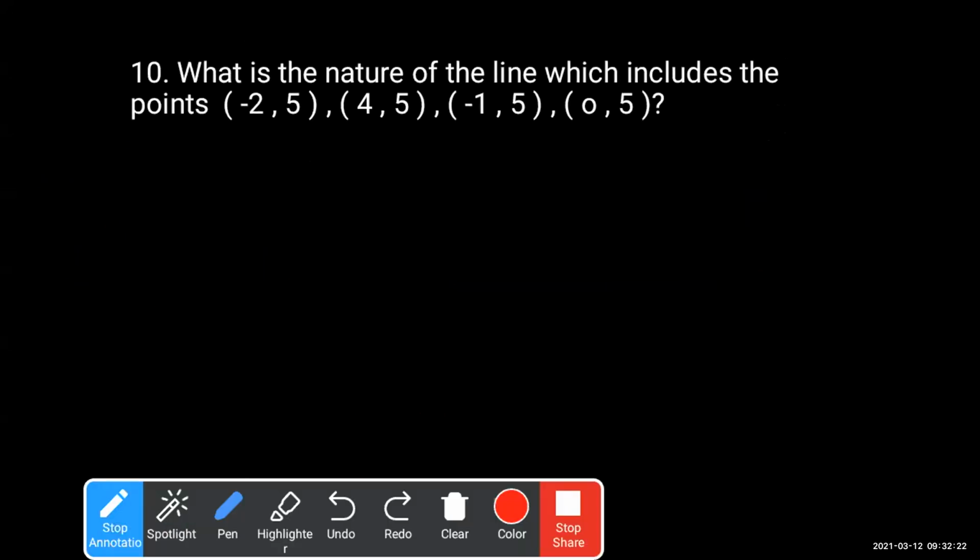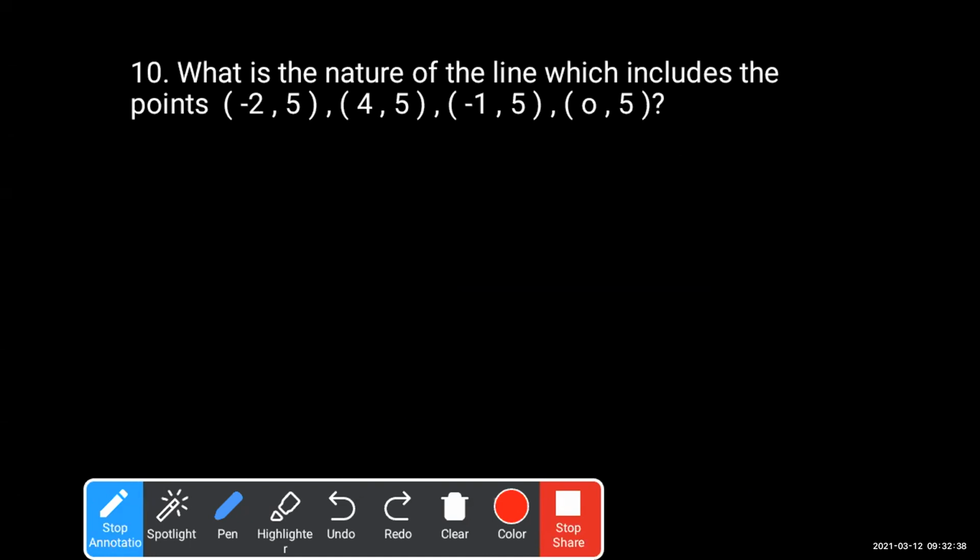Now, what is the nature of the line? This type of question can be asked as an application type of question.